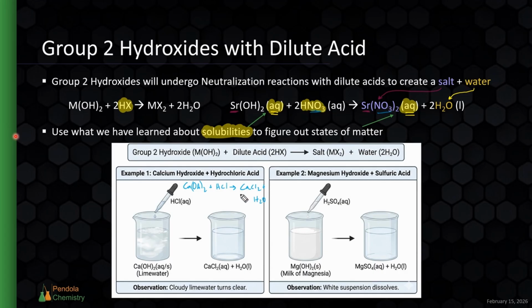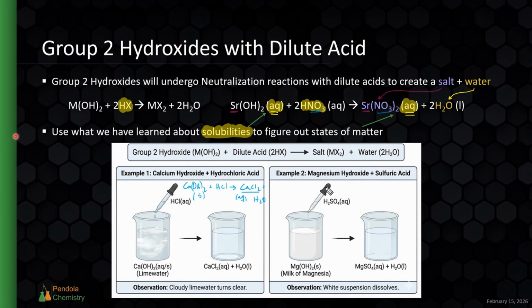Well, the CaCl2 here is aqueous because our chlorides are always aqueous. And again, we'll look at that solubility later on, but it's something you should remember from honors chemistry. And calcium hydroxide is partially soluble, so depending on the concentration, it could be solid as that cloudy solution that we talked about. So the cloudy lime water will turn clear when we have hydrochloric acid in it.